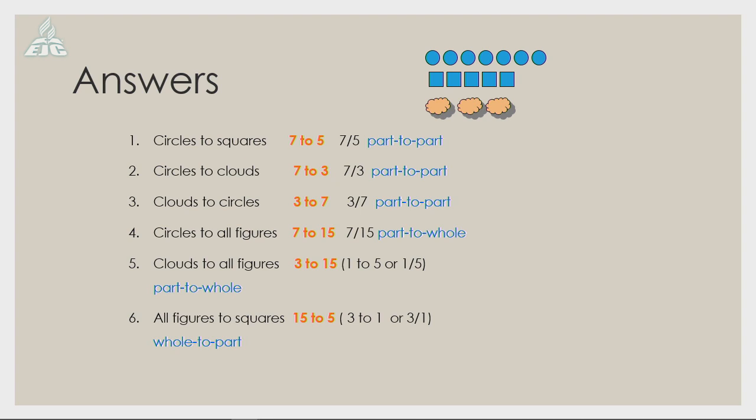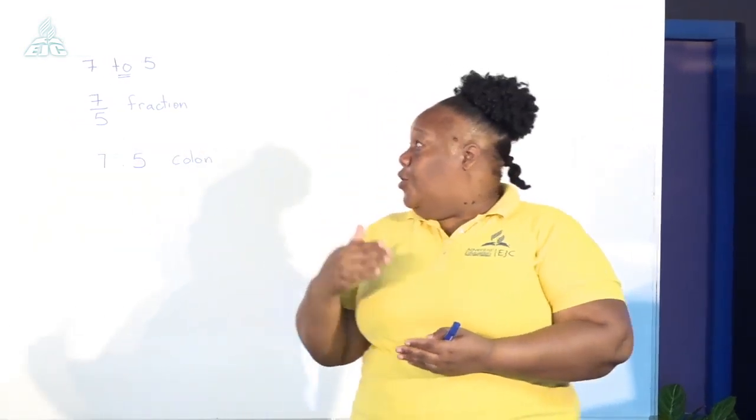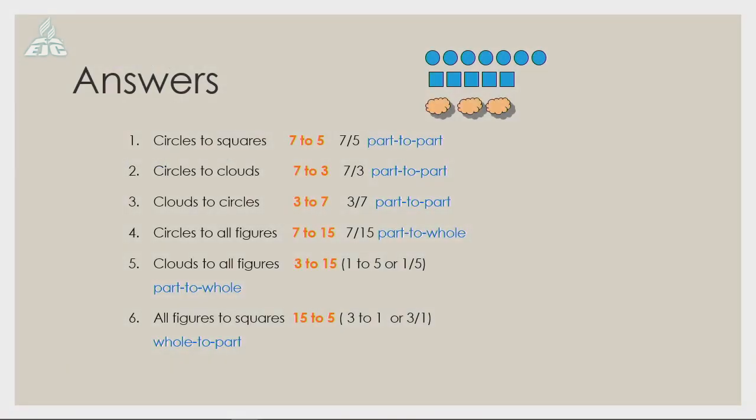So notice the order. Look at number 4 alongside number 6. Remember what I was saying, that the order in which you write your ratio is very important. So number 4 says what? Circles to figures. But number 6 says now what? All figures to squares. So the order in which you write your ratio is very important.